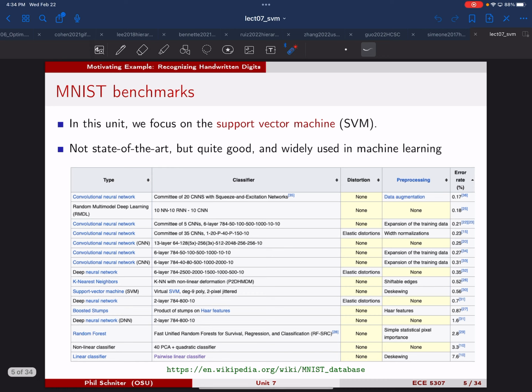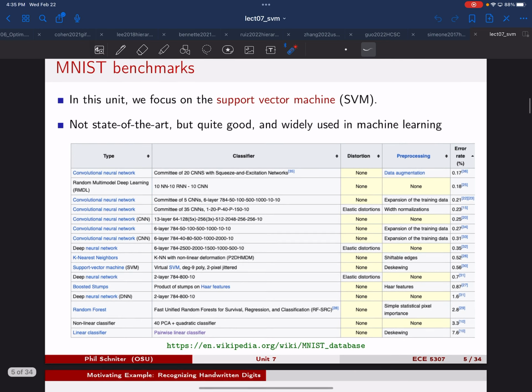So in this unit, as I said before, we're going to focus on something called the support vector machine. This is not a state-of-the-art model by today's standards, but historically, I think probably at one point it was state-of-the-art, and it's quite good. So here's a table from a Wikipedia page on MNIST that shows a number of methods and error rates.